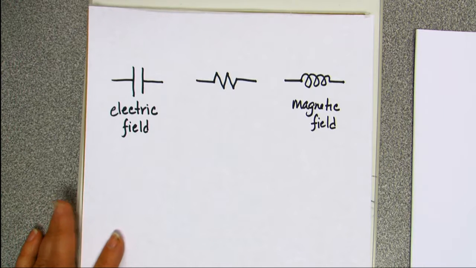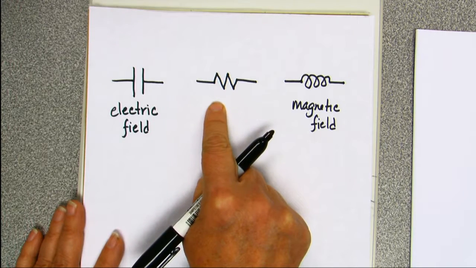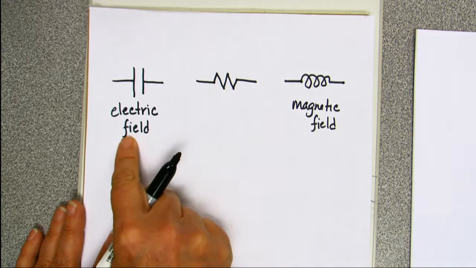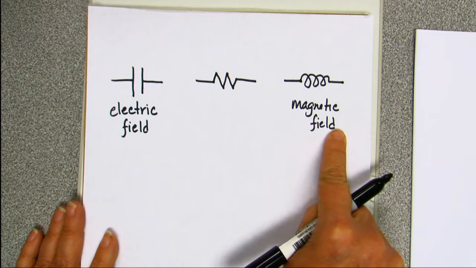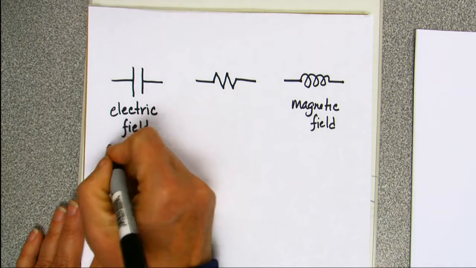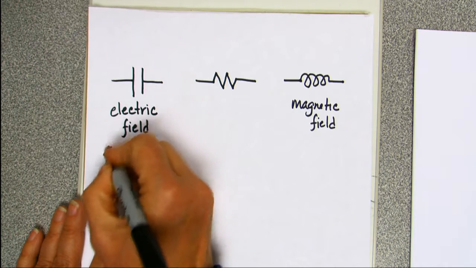So we're going to start to see some parallels and some things that are different. This one, we don't really have a field. We just got resistance. But this one's got an electric field, this one's got a magnetic field. This will store energy, this will store energy.